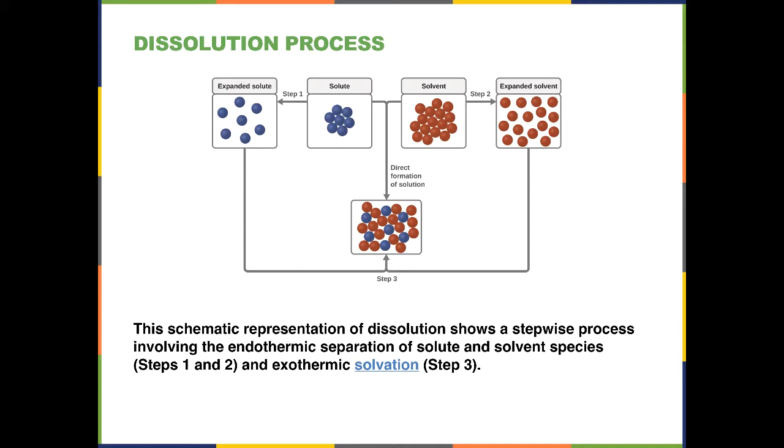The third step is called solvation. Breaking the bonds between solute molecules or between solvent molecules requires energy, and therefore that process is endothermic. However, when the molecules come together in the solvation process and the intermingling occurs, this generally releases energy because it's a lower energy state than the expanded solvent and solute molecules.